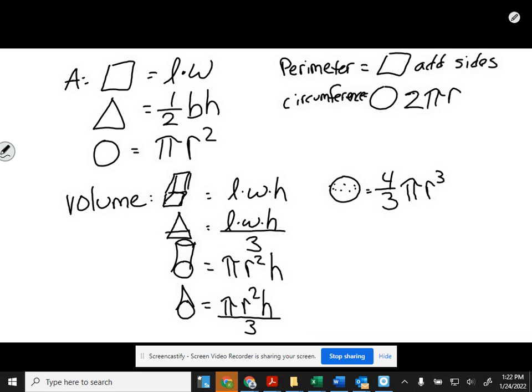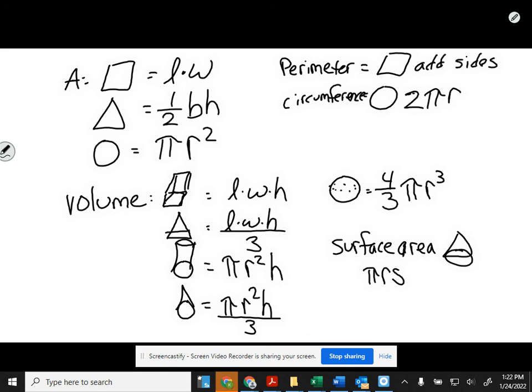That was the one where it was the circle and then you times it by the slant. So we had the pi. So surface area of the cone was pi r s.